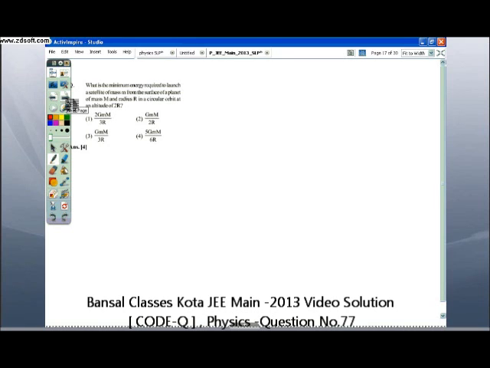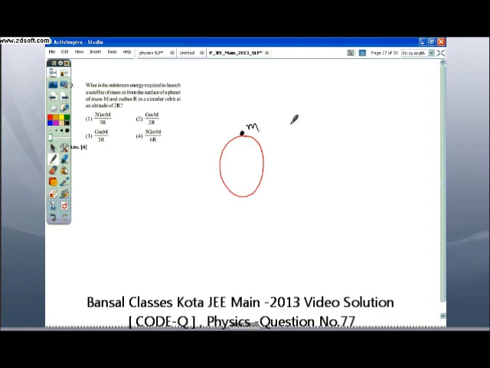Okay, in this problem, what is the minimum energy required to launch a satellite of mass m from the surface of a planet of mass capital M and radius r in a circular orbit at an altitude of 2r? So in this problem, initially this satellite is at rest on the surface of this planet.